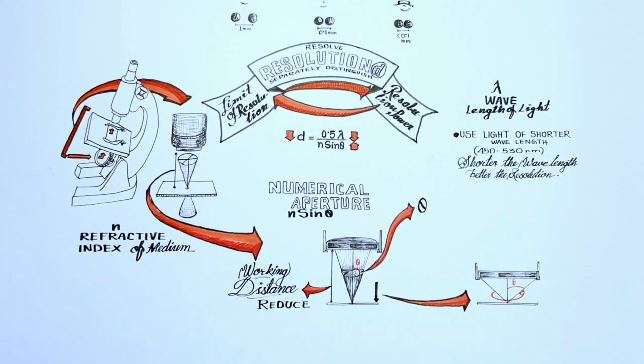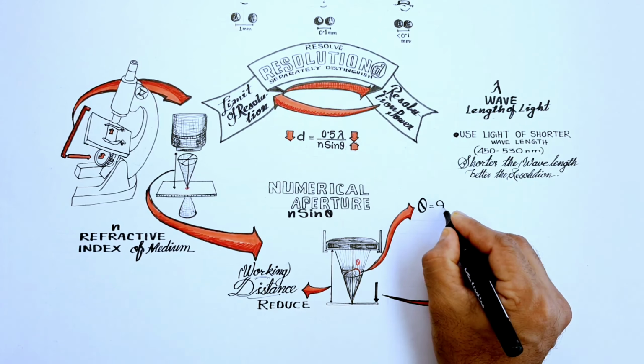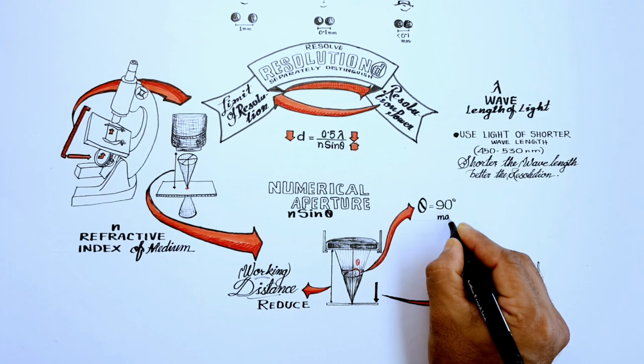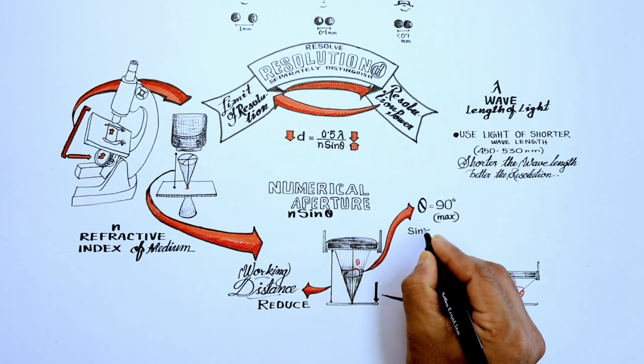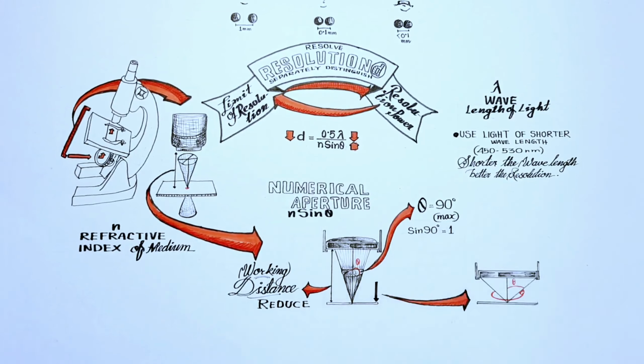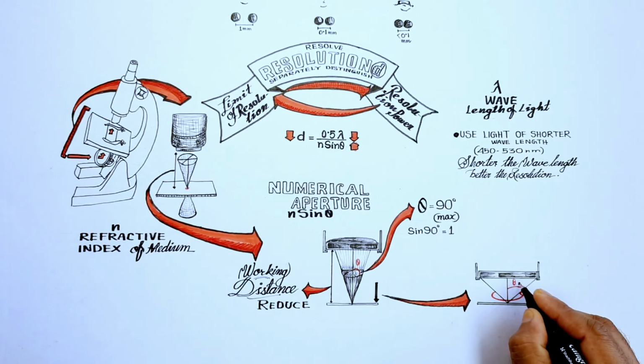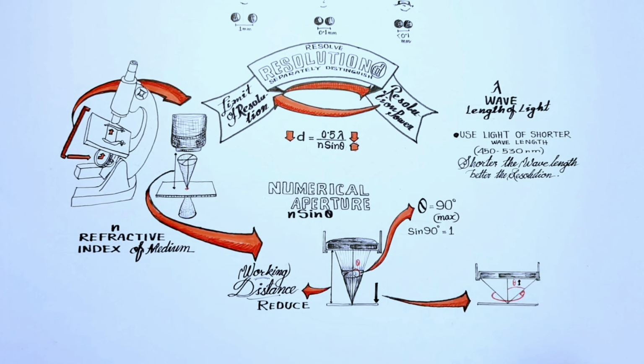But there must be a limit up to which the value of theta can be increased. The maximum value of theta can be 90 degrees, and we know that the value of sin 90 degrees is 1. So by reducing working distance, we attain the maximum value of theta, that is 90 degrees, and by doing so we get the maximum value of sin theta, that is 1.